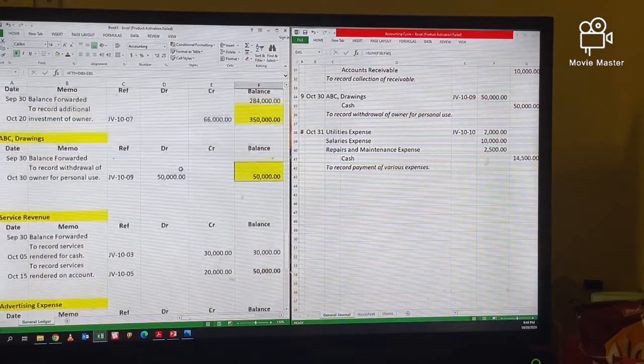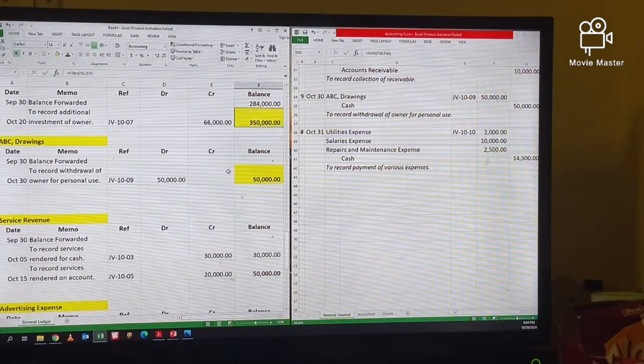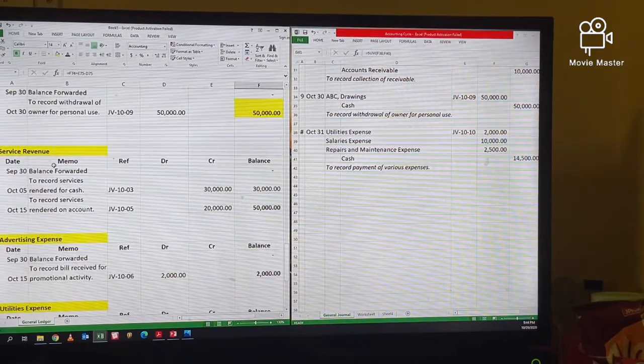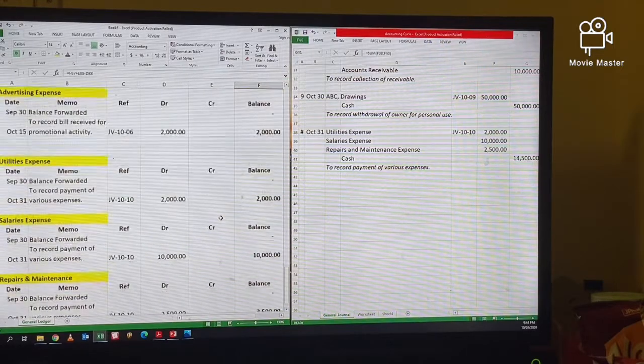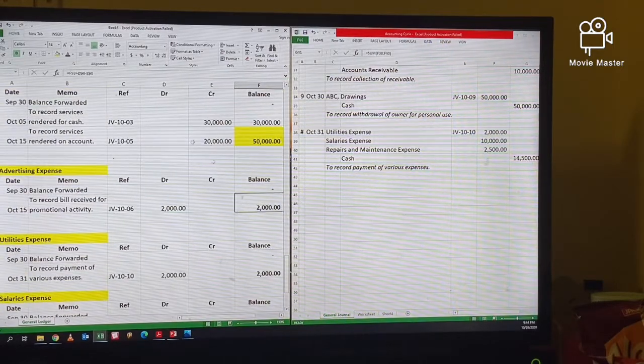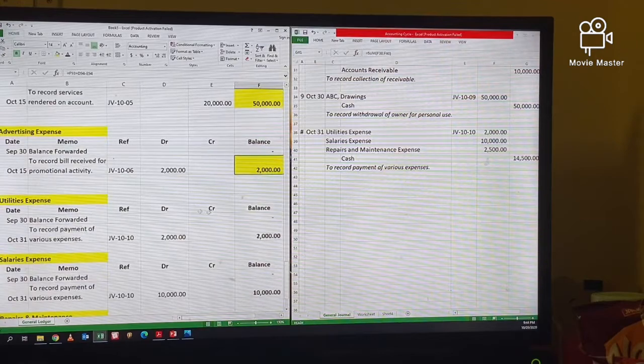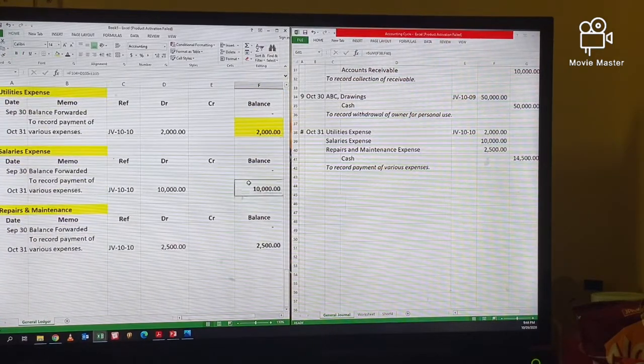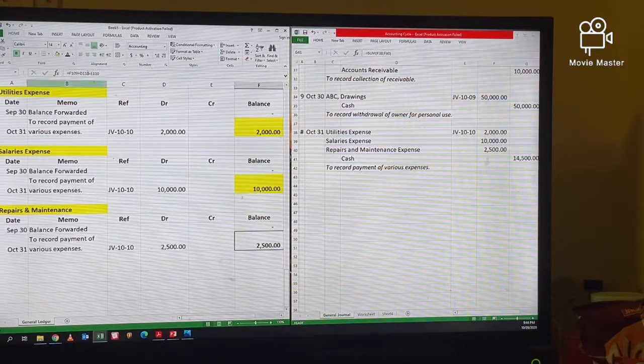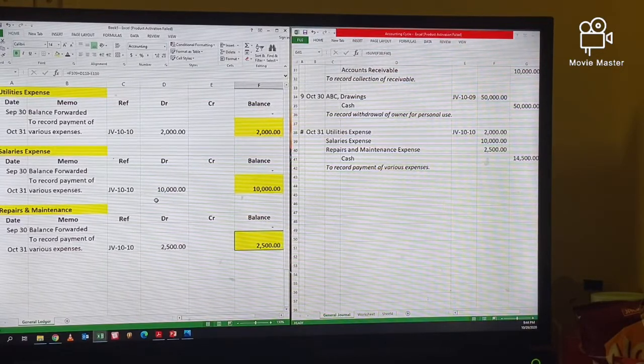Since it is contra equity, it contras the capital, so it's a debit. Service revenue, credit balance of 50,000. Advertising expense is a debit balance of 2,000. Utilities expense, debit balance of 2,000. Salaries expense, debit balance of 10,000. And repairs and maintenance, debit balance of 2,500.